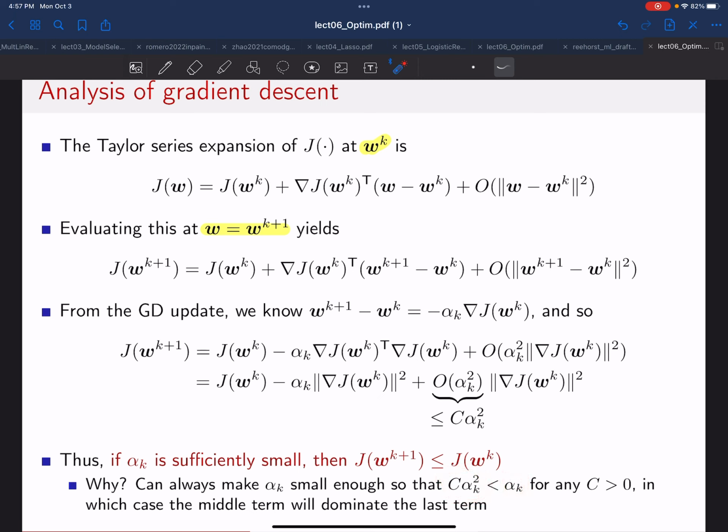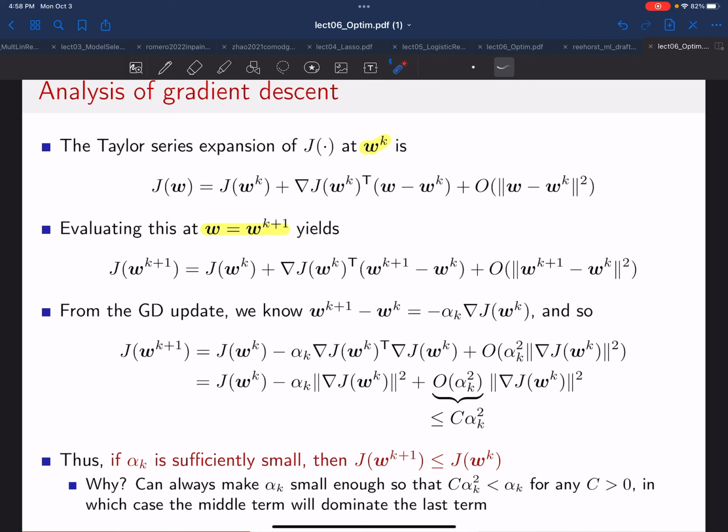And in that case, this middle term, which is the progress term, will dominate this term, which is like the anti-progress term, the negative term and the positive term. Okay, so this is how we can understand why gradient descent works, at least when alpha k is small enough. This is sort of the extent to which we'll talk about convergence of this algorithm. You see that the cost is getting lower and lower when alpha k is small enough.